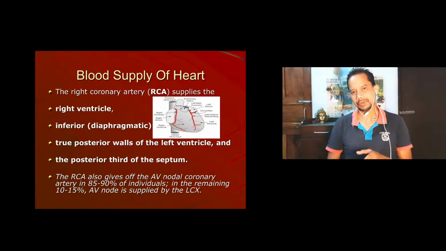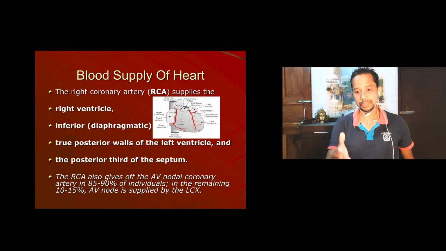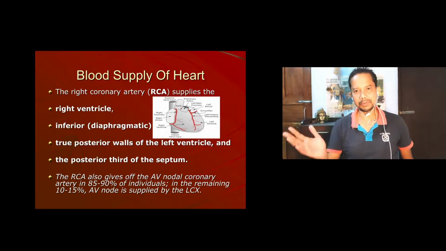These we have already discussed: V1 to V6 anterior wall, V1 to V3 anteroseptal, V3 V4 septal, V5 V6 apical, lead 1 AVL V5 V6 lateral, lead 1 AVL high lateral, lead 1 AVL V1 to V6 extensive anterior wall MI, 2, 3, AVF inferior wall MI, V3R V4R ST elevation plus V1 V2 right ventricular infarction, and mirror images in V1 V2 posterior wall MI.